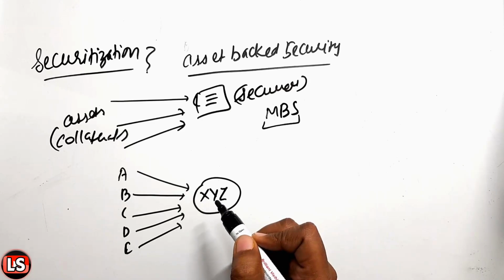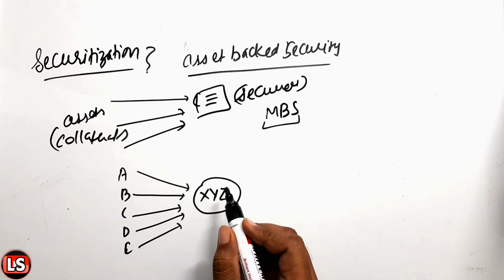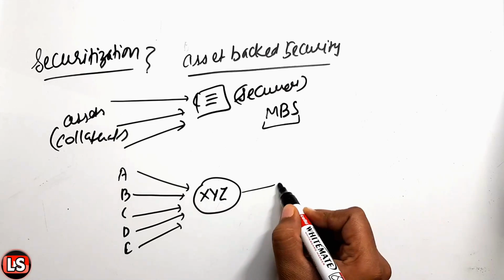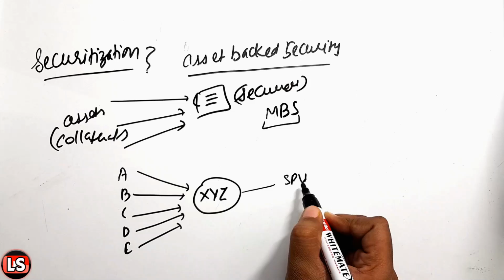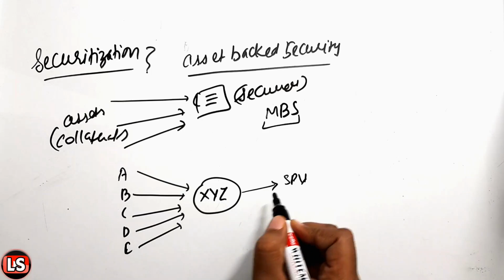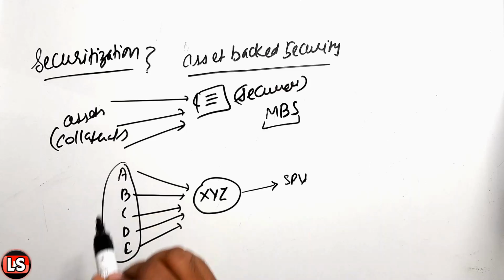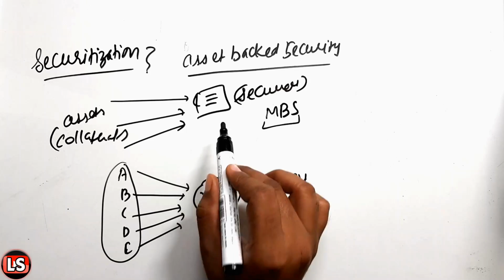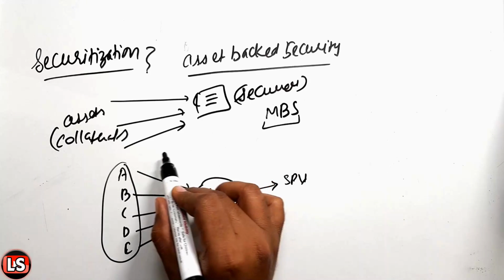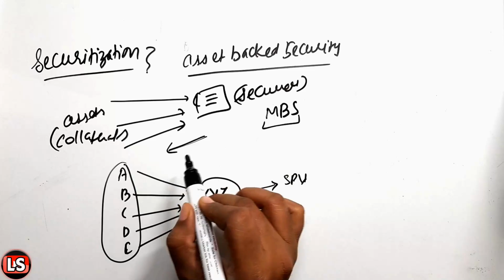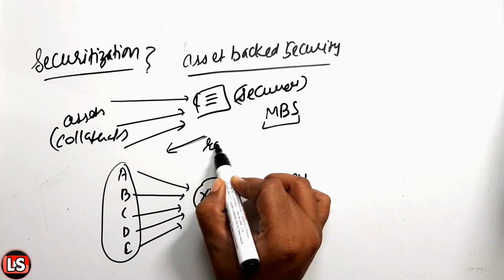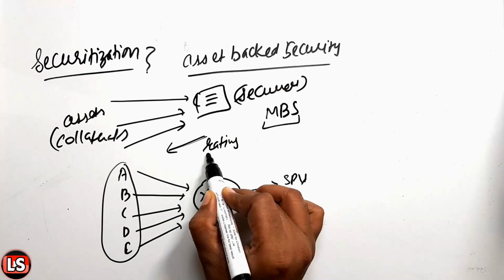So what does the bank need to do? The bank will go to a special purpose vehicle, and the special purpose vehicle will collect all these securities, and an outside rating agency will rate these mortgages.